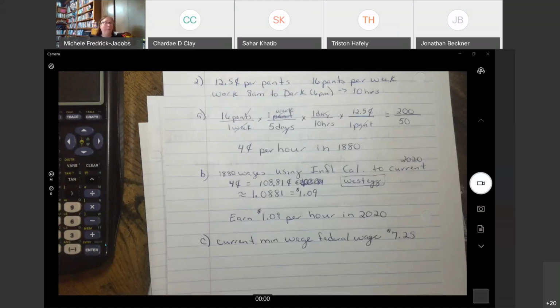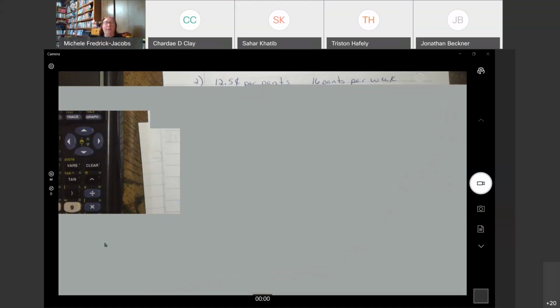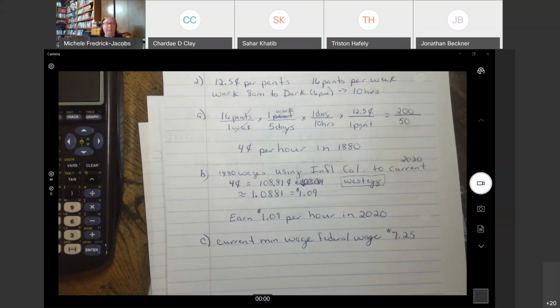My brother is moving. He lives in Cleveland. He's moving back to Boardman. Well, he wanted Boardman. And the one house he looked at, the property tax was $12,000 a year just for property tax. I live maybe 4 minutes from that house, and my property tax is $3,000 a year.